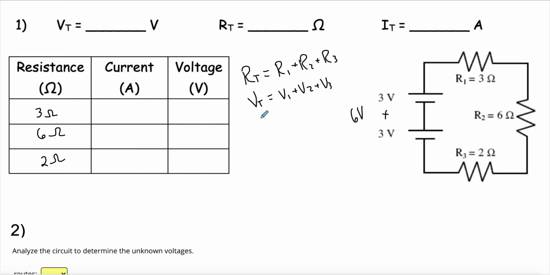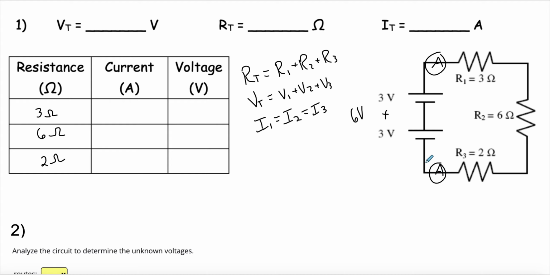But the amps, your total amperage, so amperage through 1 is equal to amperage through 2 is equal to amperage through 3. The amps going through this circuit are the same everywhere. So if I put an ammeter right here versus right here, they would read the same.